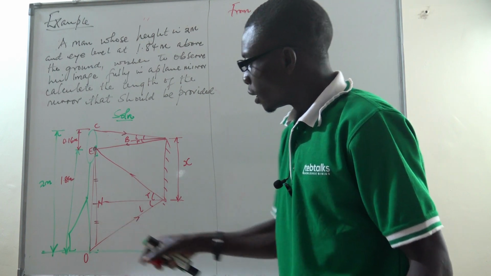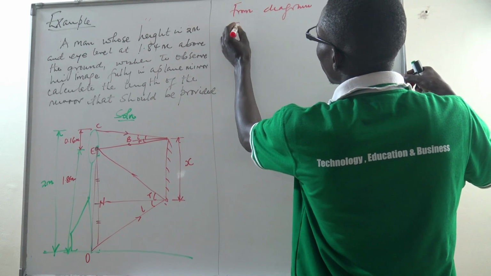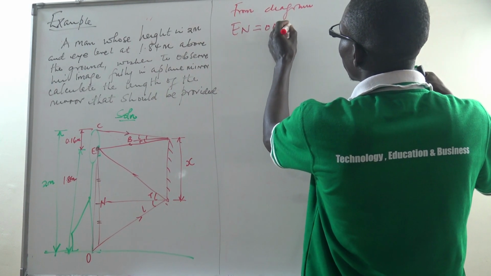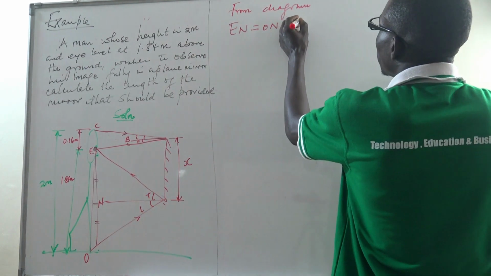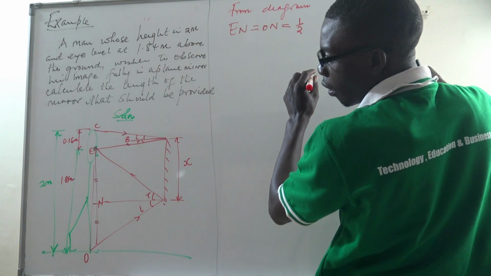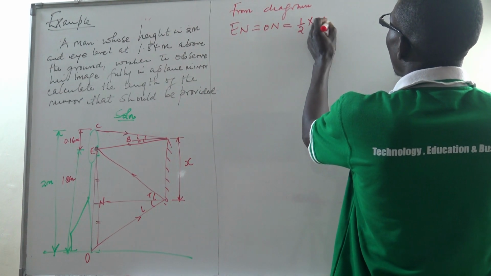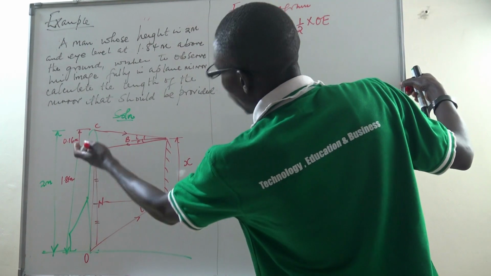Is that okay? So that means that I can say EN is equal to ON, okay? This length is the same as this length, and this is a half of OE. A half of OE.